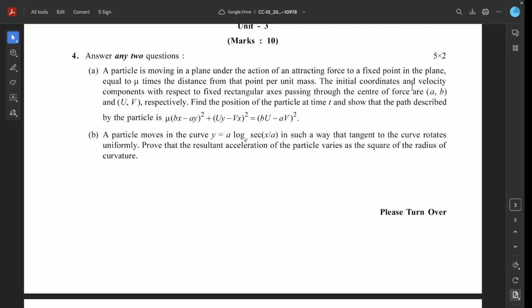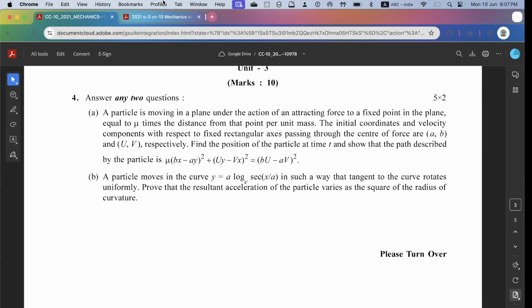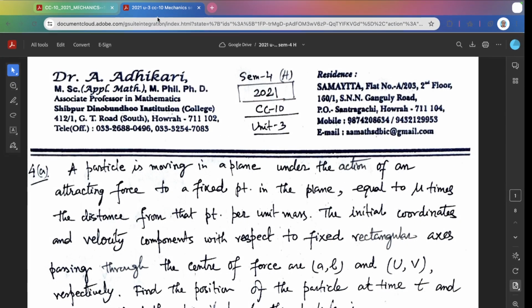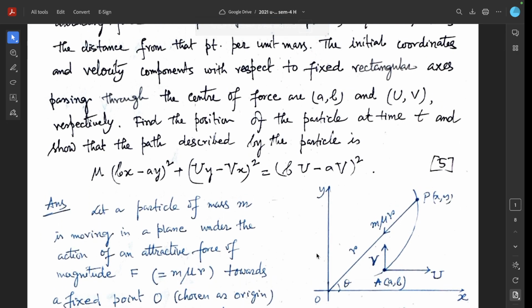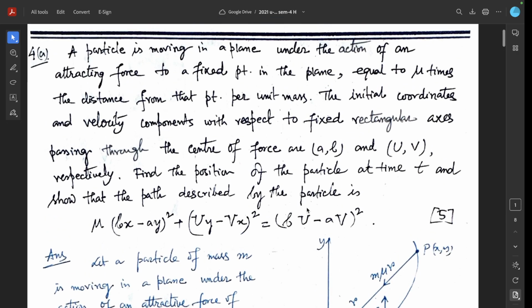The initial coordinates and velocity components with respect to fixed rectangular axes passing through the center of force are a, b and u, v respectively. Find the position of the particle at time t and show that the path described by the particle is this. This is the figure, no marks.